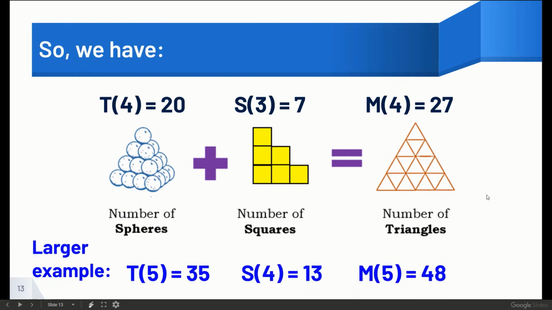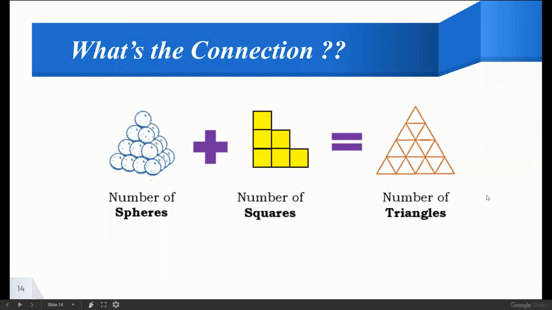And in our larger example, we had 35, 13, and 48. But what's the connection? In mathematics, we always want to know why.